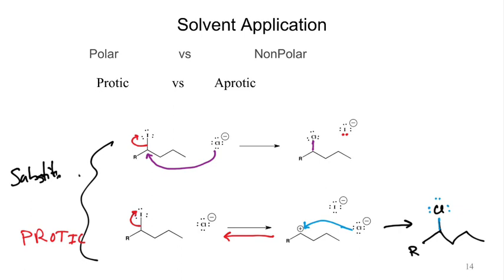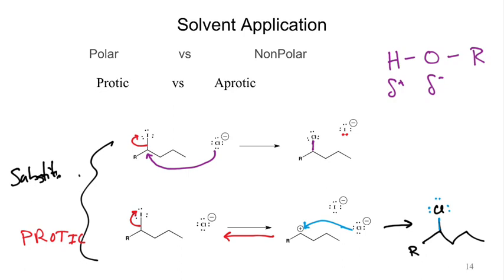Yeah. What happens if I use a protic solvent? But it wants to repel. What does the protic solvent bring in? A hydrogen bonded to an oxygen, nitrogen, or fluorine, and then something out here, which means we have a large partial positive and a large partial negative. What does that large partial positive do to this negative?